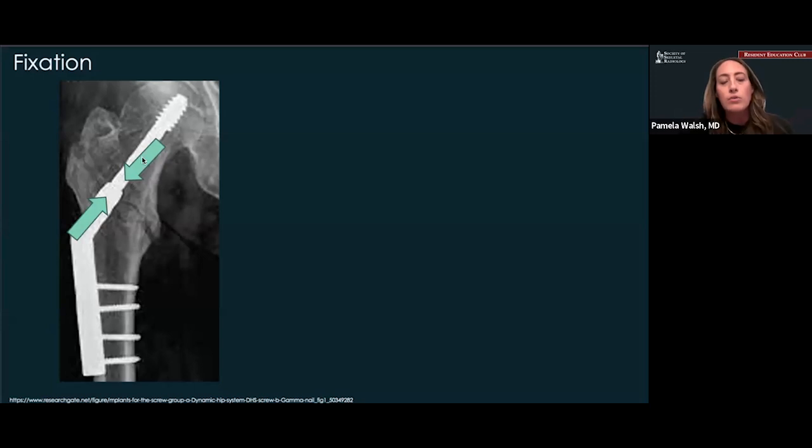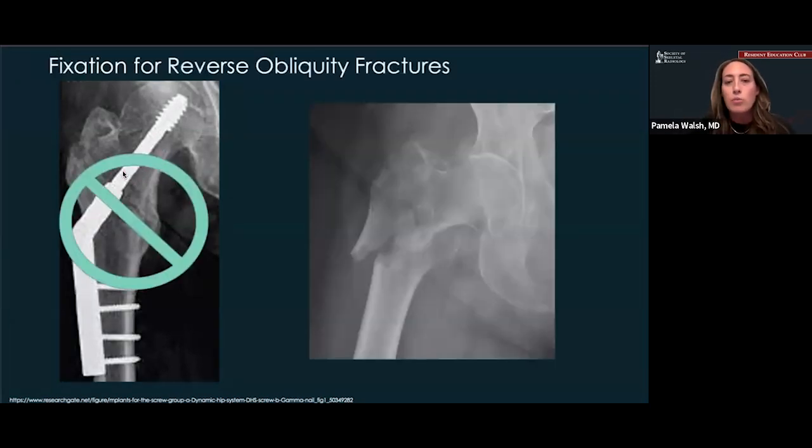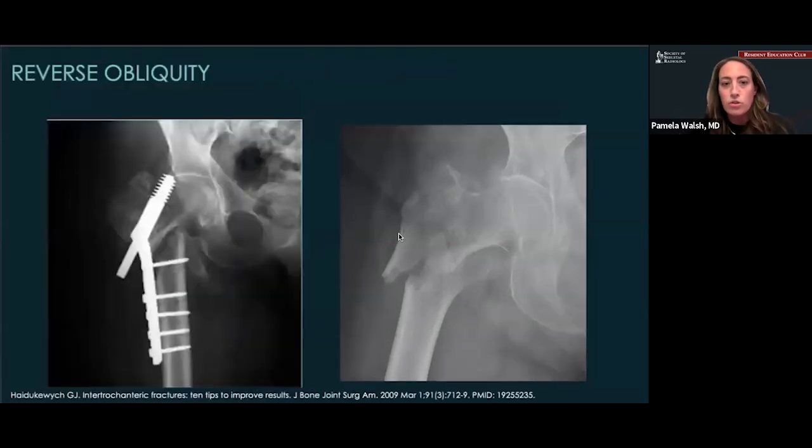What you rely on is compression across the fracture site. So compression against this fracture here, kind of in a perpendicular fashion. When we have our reverse obliquity fracture, we can't do that because then this screw would not be going through perpendicular to the fracture, it'd be almost parallel to it.